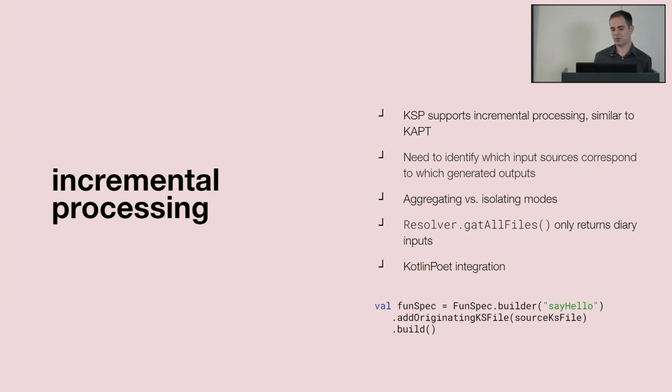Again, KotlinPoet has great integration to implement incremental Kotlin symbol processors. If you add this addOriginatingKSFile to the FileSpec builder, then you are basically done, and you have created an incremental Kotlin symbol processor.